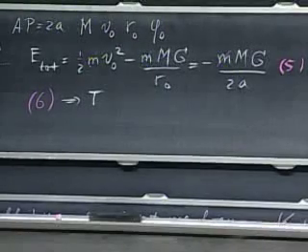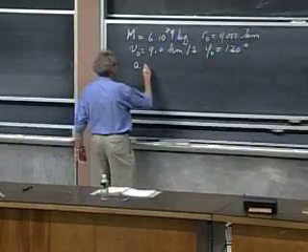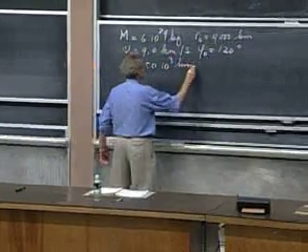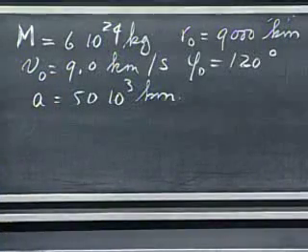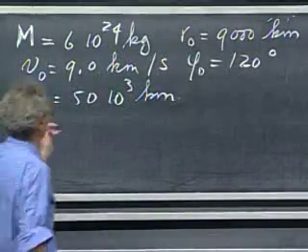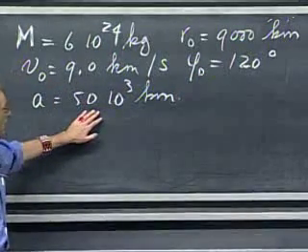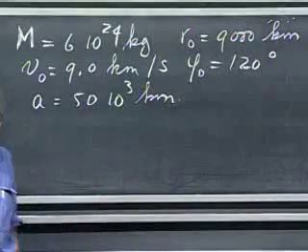You can confirm them and check them at home. And I find that A is quite large. A is about 50,000 kilometers. That's huge. That is almost infinity, not quite. Remember, it starts off at 9,000 kilometers, but A is 50,000 kilometers. That means 2A is 100,000 kilometers.